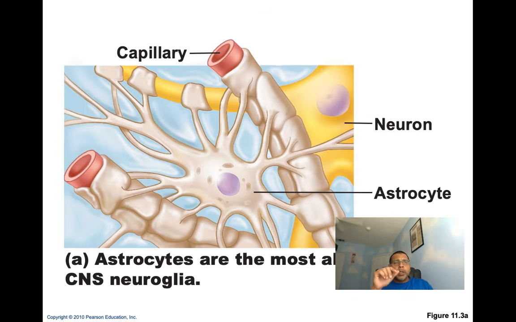So here they mop up any leaked potassium ions, and they recapture and recycle released neurotransmitters. And then third, they're going to influence neuronal function. They participate in information processing in the brain.